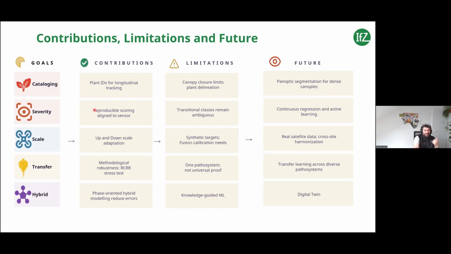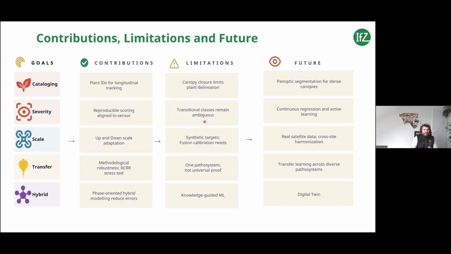For the severity, we delivered a reproducible severity classification aligned to the UAV top-down sensor view. We got a digital scoring. The boundary here is the transition between symptoms, where the labels are ambiguous between two scales.